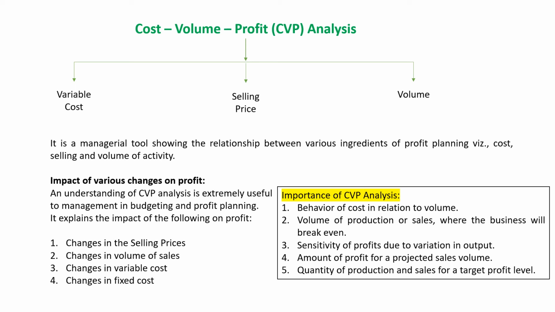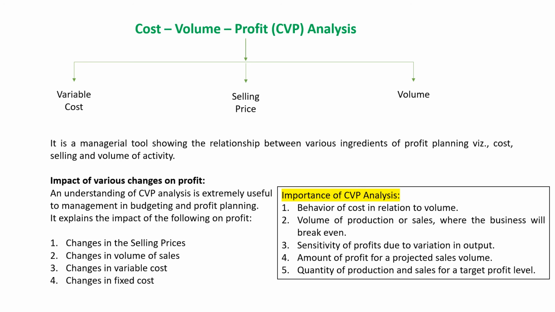Okay, this particular analysis helps in determining the break even point also, and sensitivity of profit due to variation in output, like how we said cost behavior, profit behavior at various levels of volume, in order to decide about the product profitability, and amount of profit for a projected sales volume.